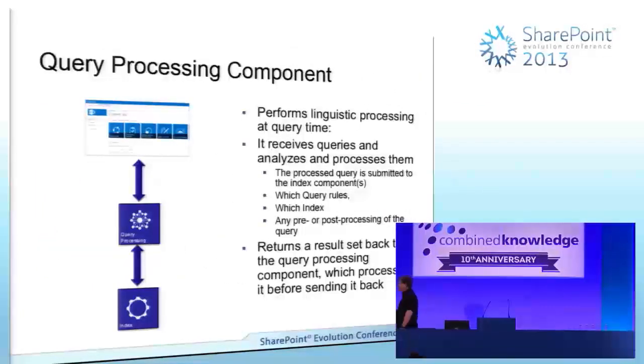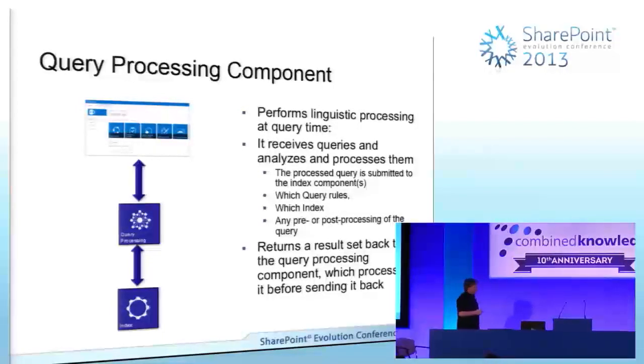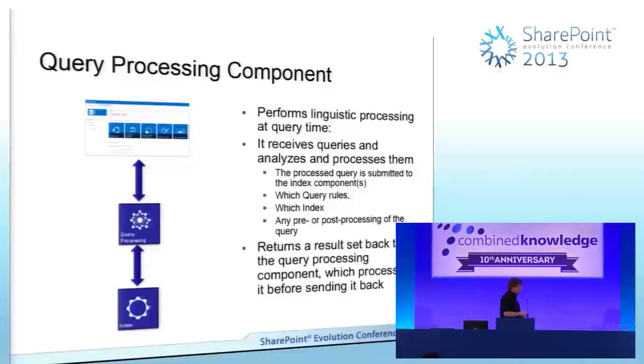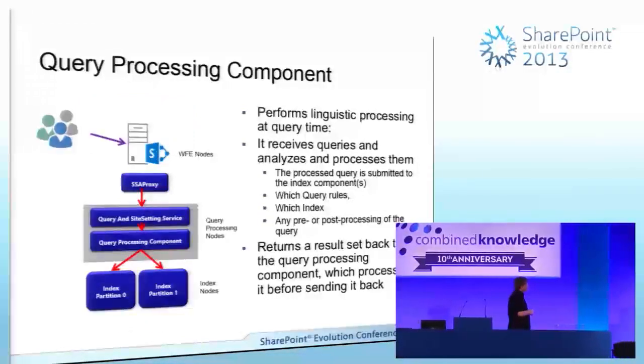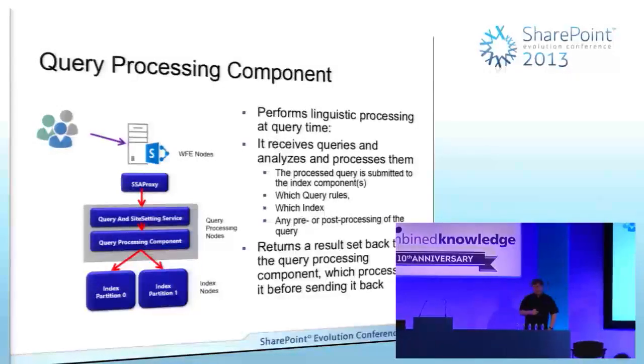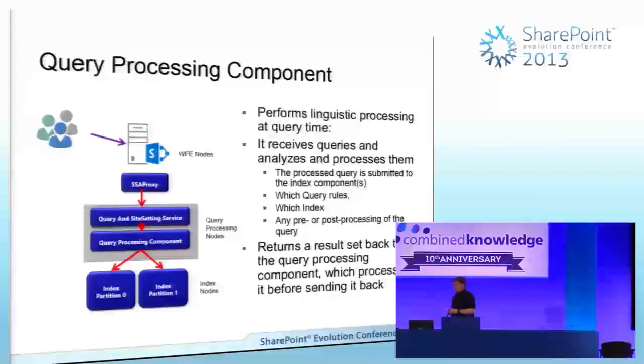From a query side, again, this is formerly a FAST component, if you like, and we now have this concept of what we call the query processor. In reality, it looks more like this, in that we have what you'd be used to seeing, the search service application proxy. We have a SharePoint service called the Query and Site Settings service, and that's your query processor endpoint.